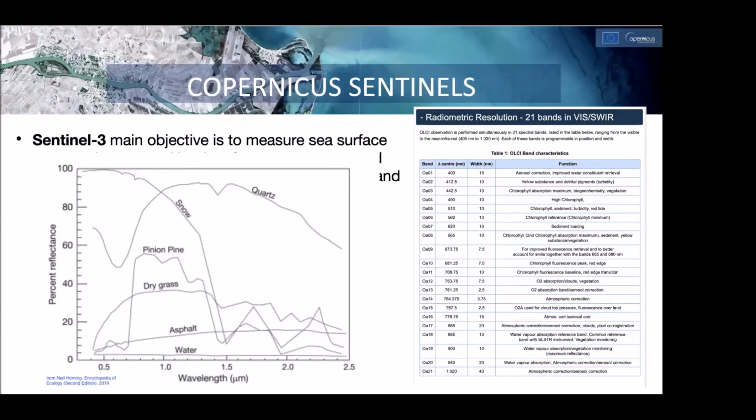I would say Sentinel-3 is being used. To be honest with you, I don't have my hands in all the themes anymore, but definitely. Snow cover mapping is one of those things certainly affected by cloud cover. And one of the nice things about Sentinel-3 is the revisit cycle, which is daily.